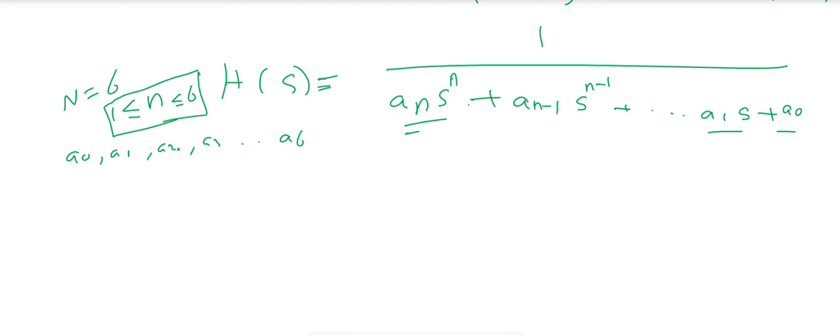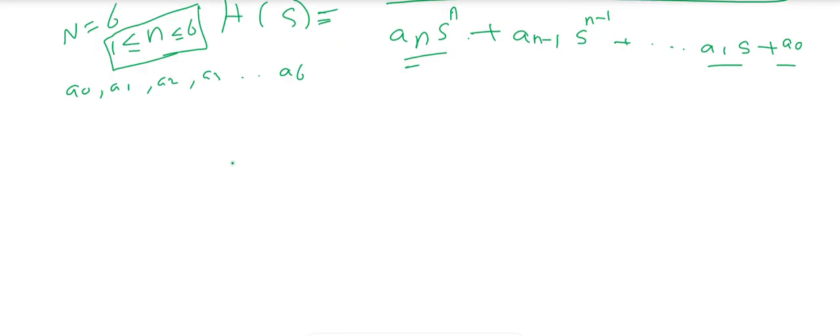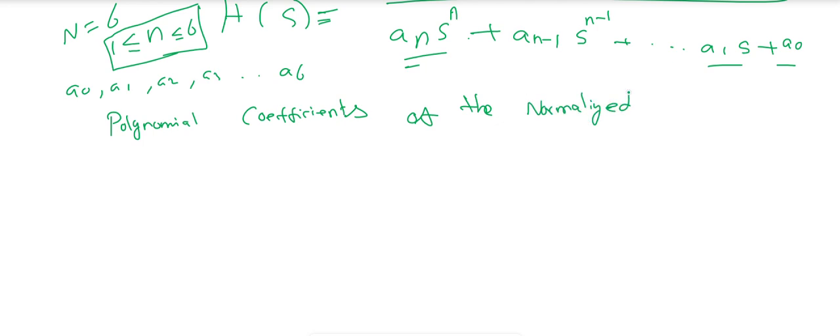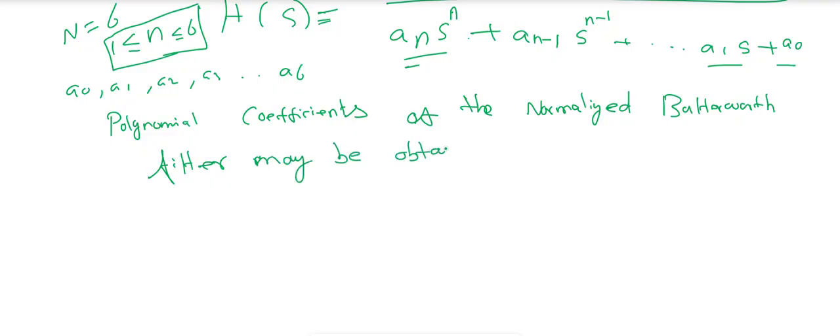For these n values, the denominator polynomial coefficients of the normalized Butterworth filter may be obtained from the following table.